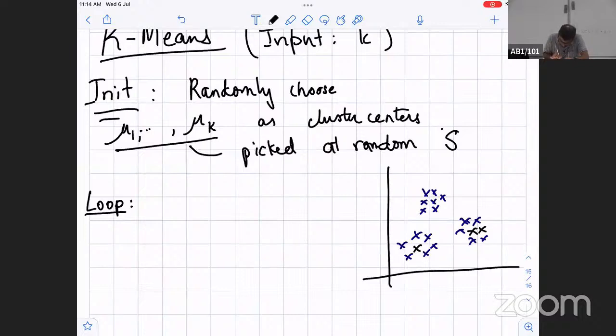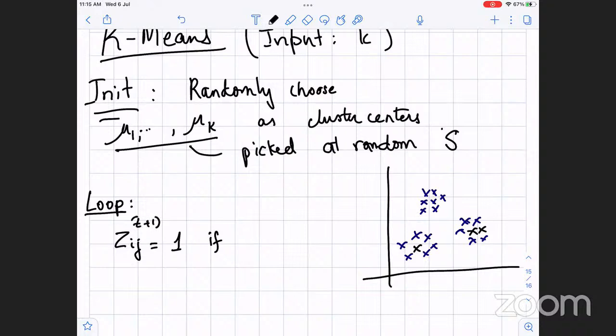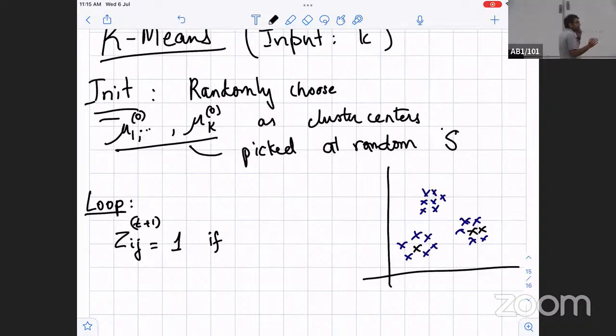So the first step that you will do is you will assign Zij. Zij is going to be 1 if, can you guess what I should do? So Zij for, let's say, t plus 1. This mu k is the 0th iteration. Basically, I will look at these 3 cluster centers that I have shown in the figure.